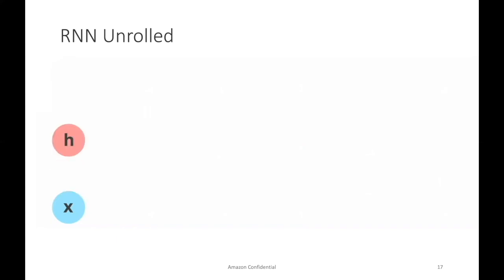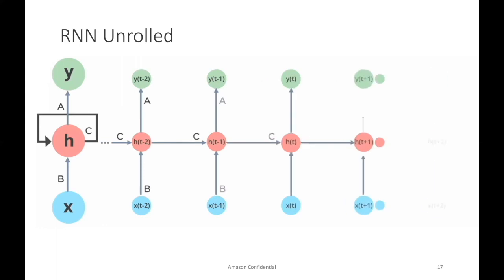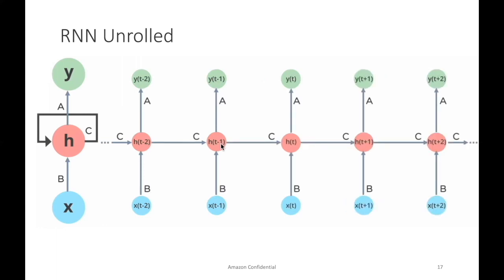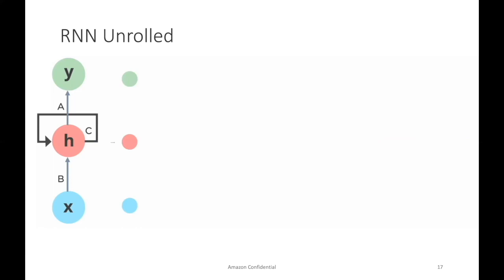So let's visualize the unrolling once again in a little bit. As you can see, this keeps repeating continuously over each time step, right? So the RNN itself remains the same, only the hidden state and the data changes.